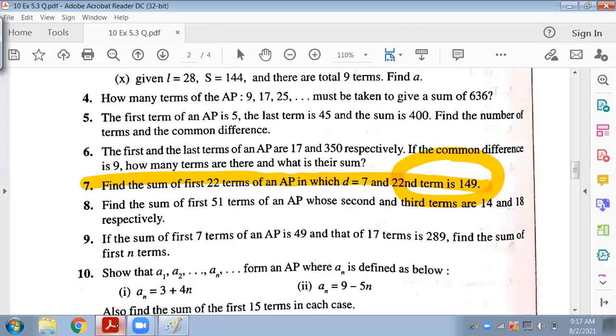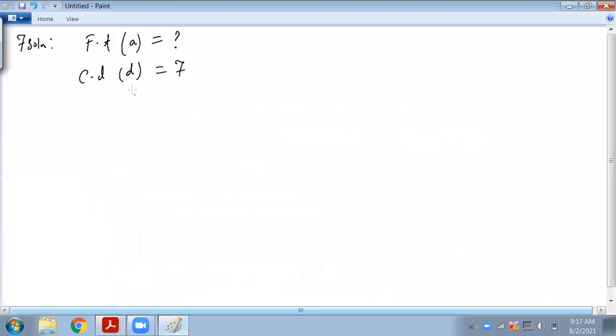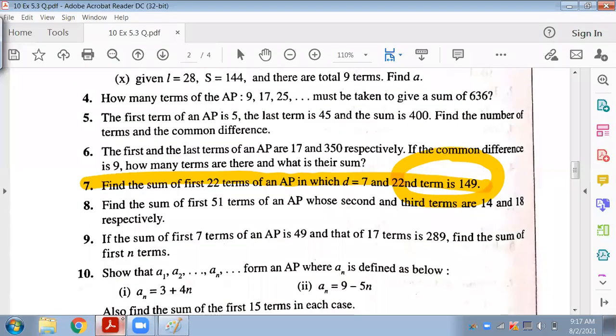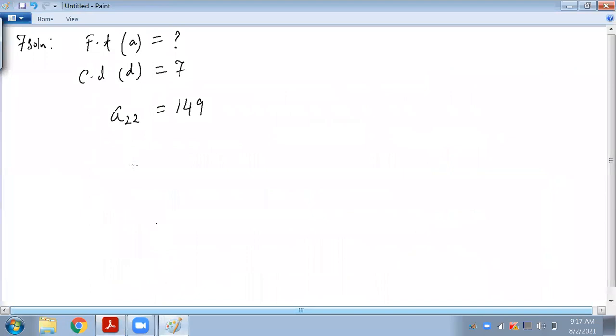Then we know the 22nd term is 149. So we know a22 is 149. And we have to find the sum of 22 terms. Now we can find the sum of 22 terms if we know a and d. d we know, we have to find a. So first we will find a, then we can find the sum of 22 terms.